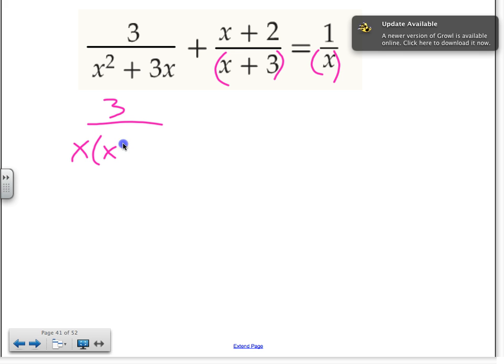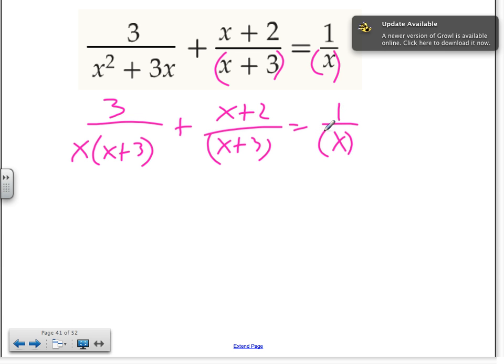X plus 3. And over here, I have x plus 3 as well, and this is just 1 over x. Now I look at all three terms and ask, what is the GCF? I'm sorry, what is the LCD? X squared times x plus 3. X outside and x plus 3.